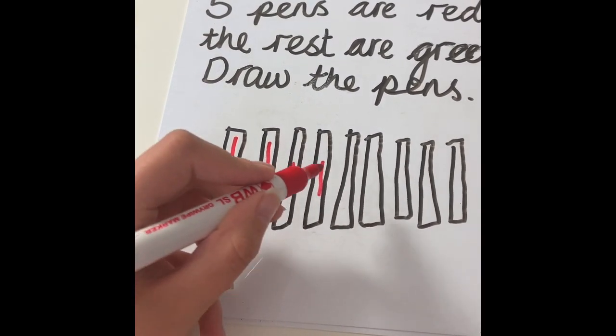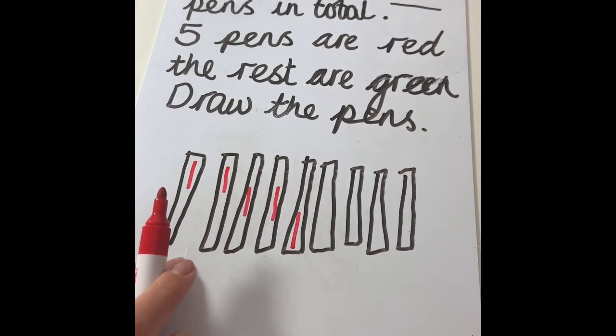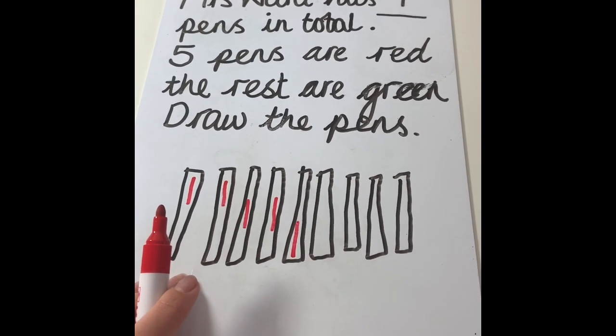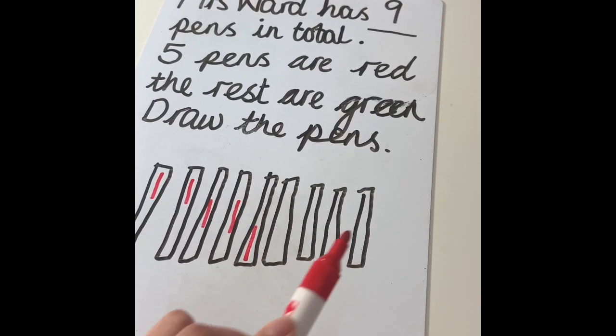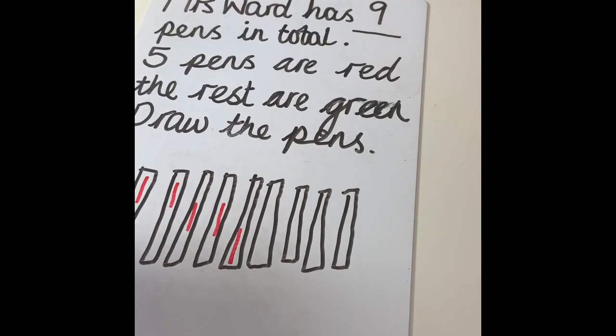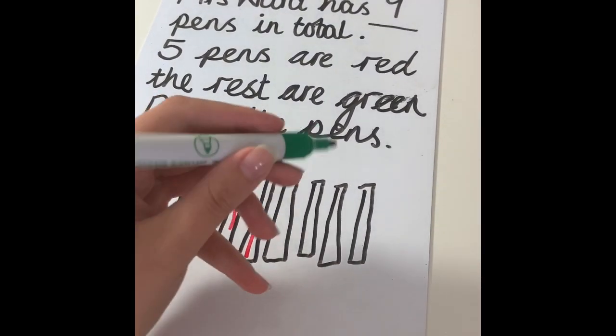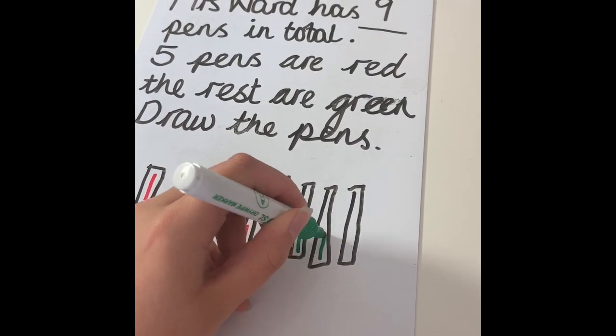1, 2, 3, 4, 5. Now, I can look, and how many do you think are going to be green? 2, 3, 4.